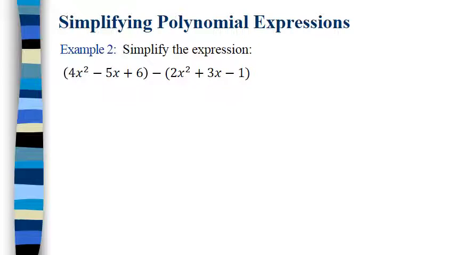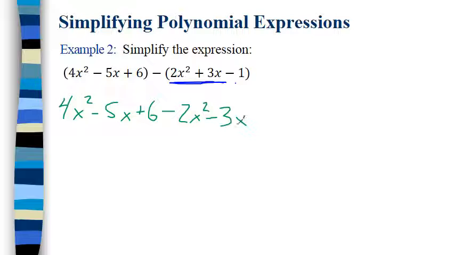Okay, so remember when we subtract polynomials, we are subtracting this entire quantity. So we really want to think of it as 4x squared minus 5x plus 6 minus 2x squared minus 3x. And then when we subtract a negative, really we're adding 1. And then we can go ahead and, again, combine like terms.